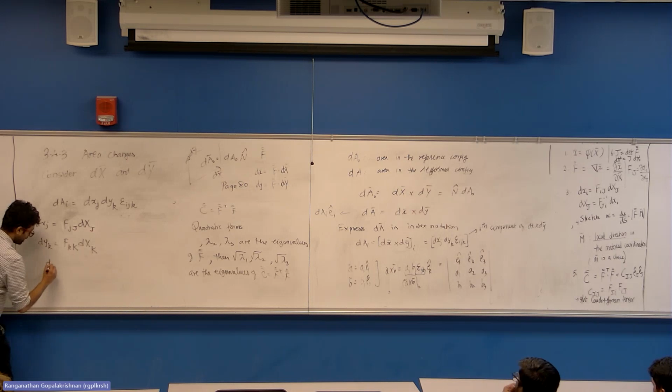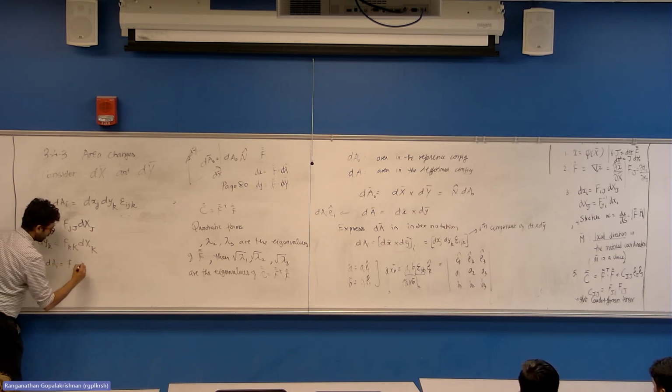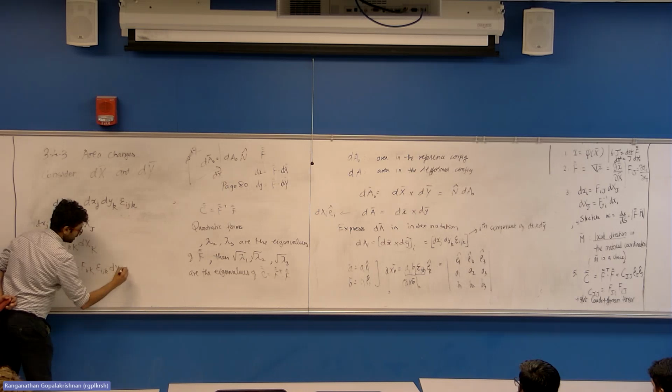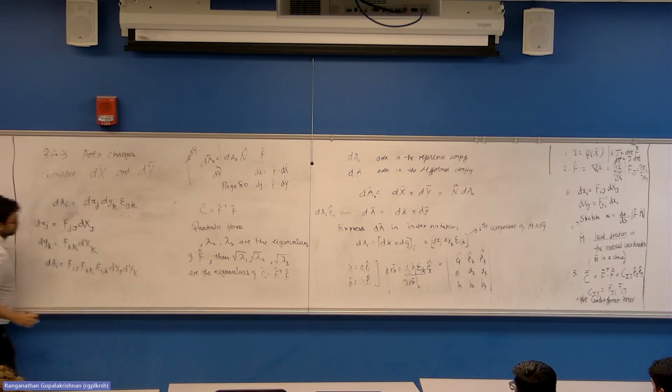So my dA_i would be F_jJ F_kK epsilon_ijk dX_J dY_K. This is nothing but dA_i.